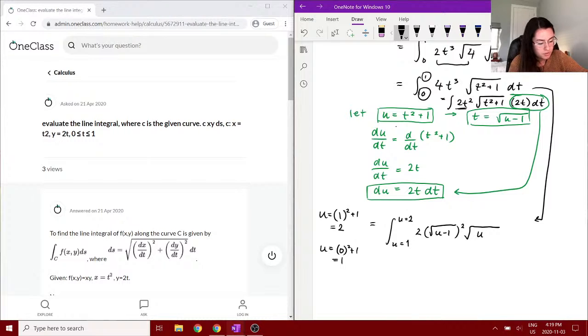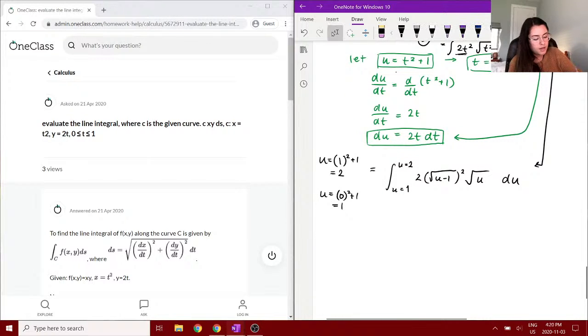So we just have the square root of u. And for replacing the 2t times dt, we created this du term. Hopefully that makes sense. So we have all new bounds for u. We substituted all the t's with u's, and now, after rearranging, we'll be ready to take the integral.